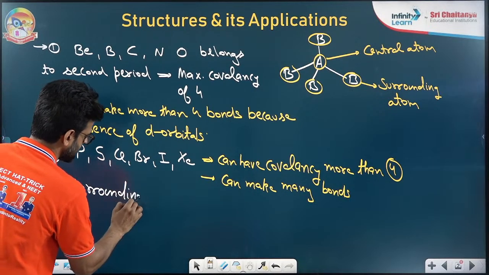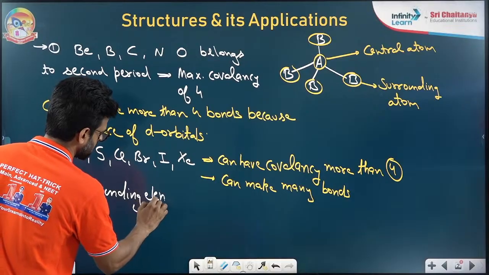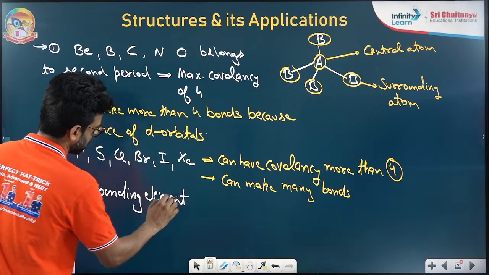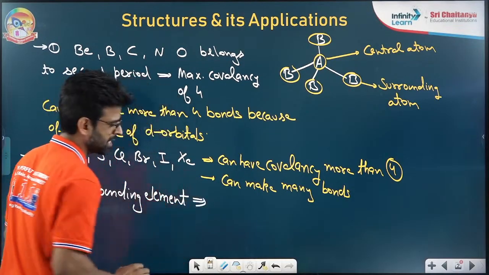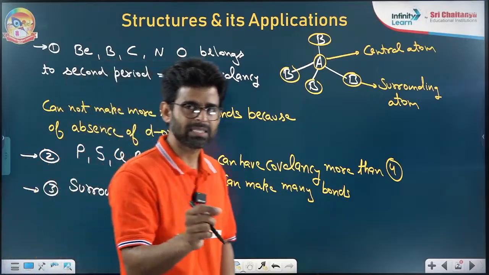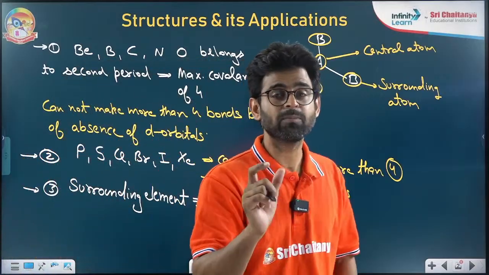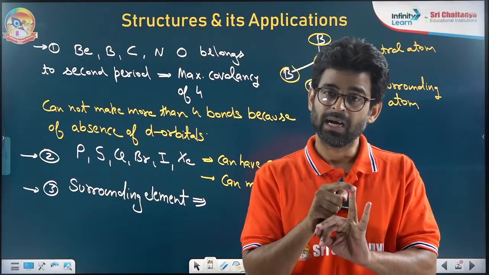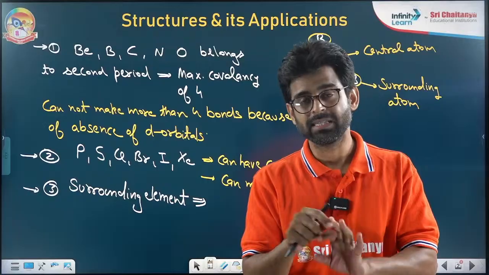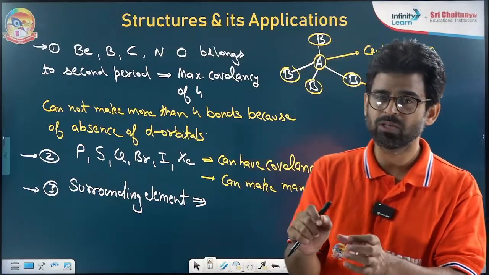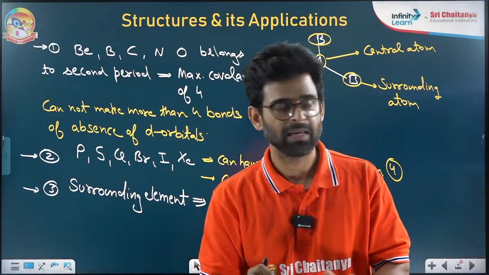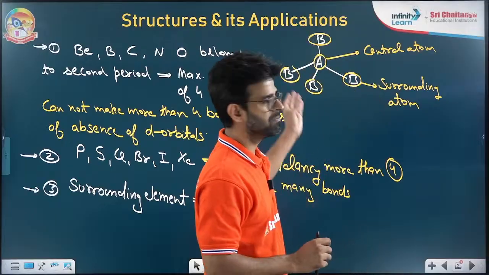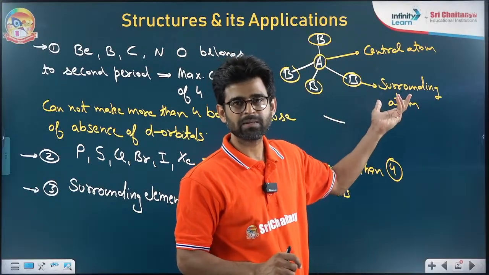You will see, surrounding element, in 99.9% of cases, which will come all the time? Hydrogen, otherwise halogen, otherwise oxygen. These 3 elements will be your surrounding element all the time. Here maybe hydrogen comes, maybe chlorine, bromine, iodine can come.